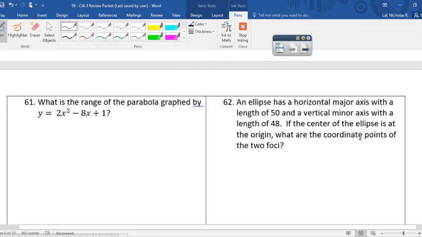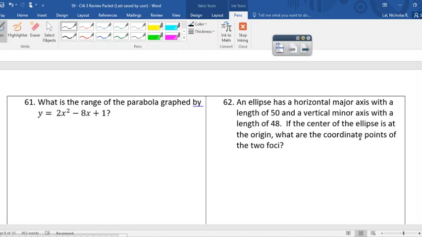All right. So what is the range of the parabola graphed by y equals 2x squared minus 8x plus 1? And our goal here is to get this into vertex form, okay?